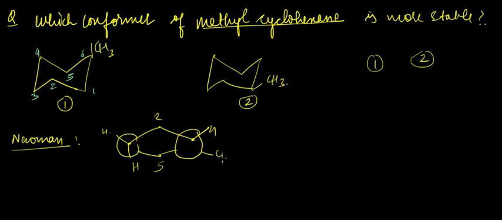We have CH3 attached here. 5th carbon goes to the 6th carbon, which has CH3 and H. Oh sorry, CH3 would be at the equatorial position. So 5th, CH3 would be at equatorial position and H would be at axial position. So this is the 5th carbon, this is the 6th carbon, and when I say this is the 2nd carbon, so this should be the first carbon.